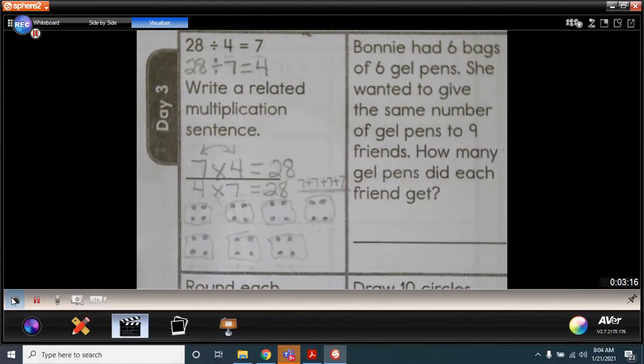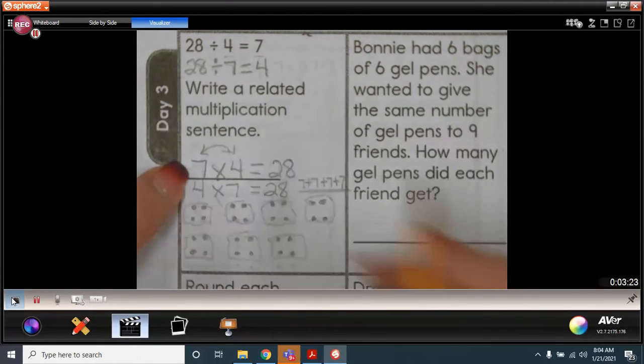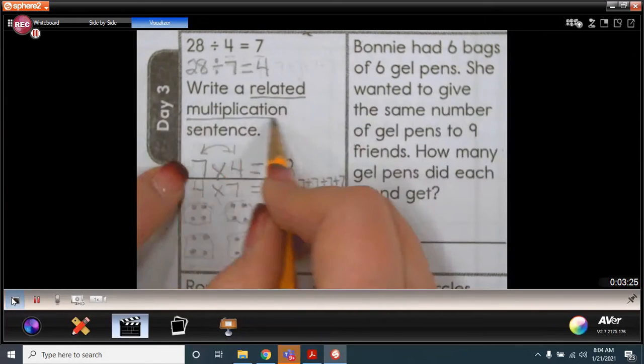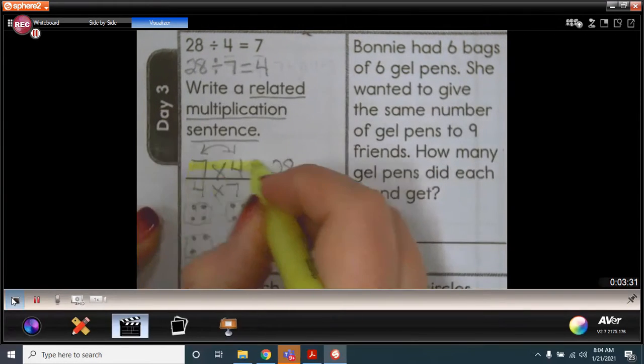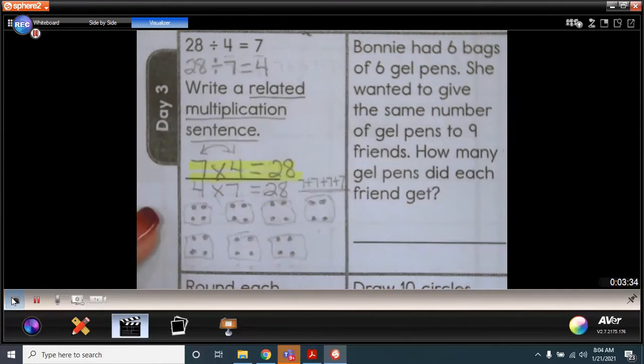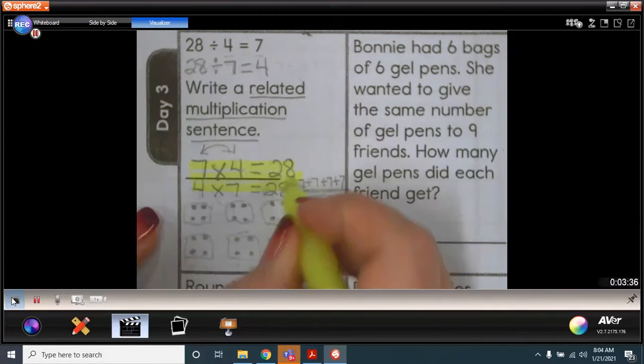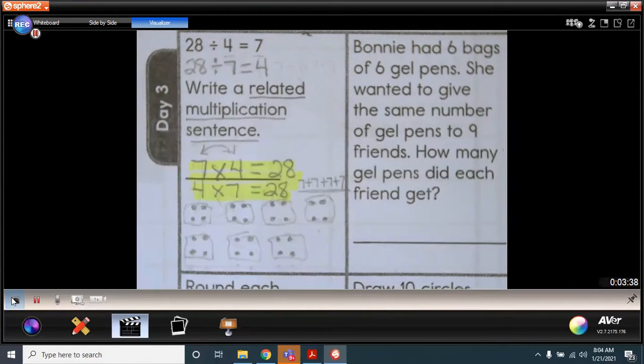So we've created a little fact family here, but our original problem asked us to write a related multiplication sentence. So our related multiplication sentences that we could write would be 7 times 4 equals 28, or 4 times 7 equals 28. Either of those will be related.